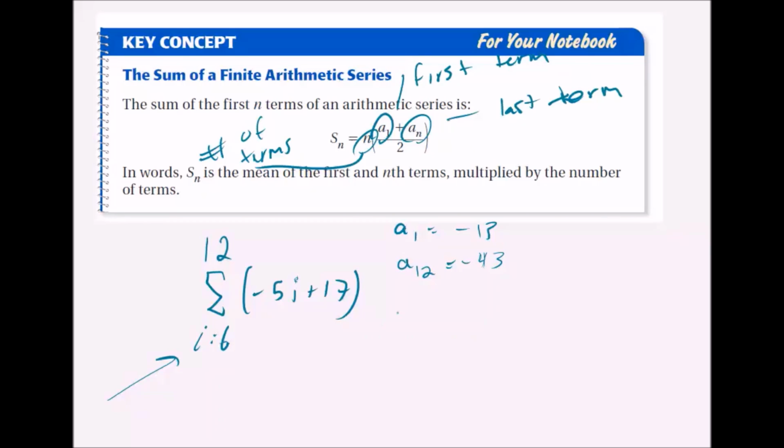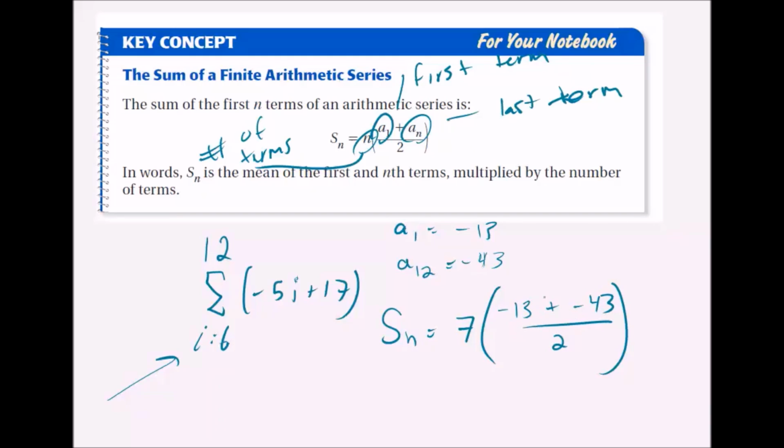Now we can set it into the equation. The sum of these terms is equal to n, the number of terms. So how many terms are there between 6 and 12? Well, there's 6, 7, 8, 9, 10, 11, 12. I counted on my fingers. That's 7 terms. From 6 to 12 is 7. Times negative 13 plus negative 43 divided by 2.